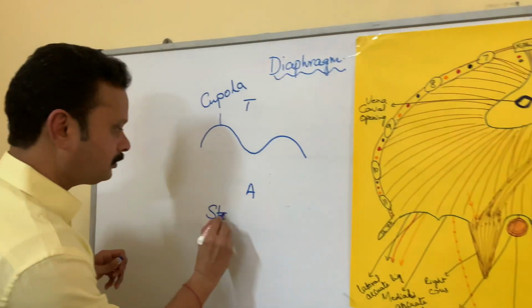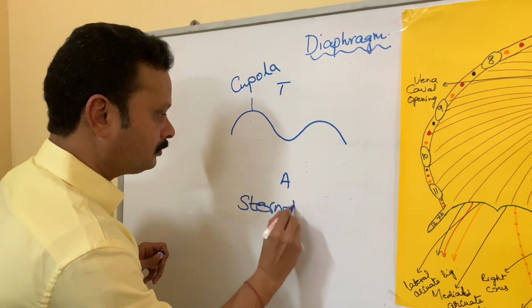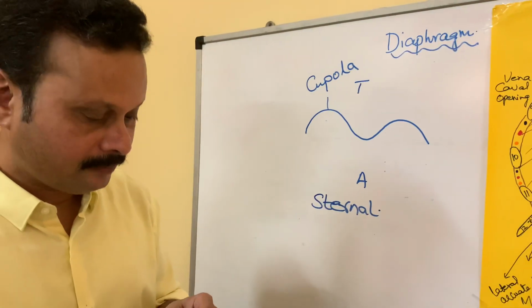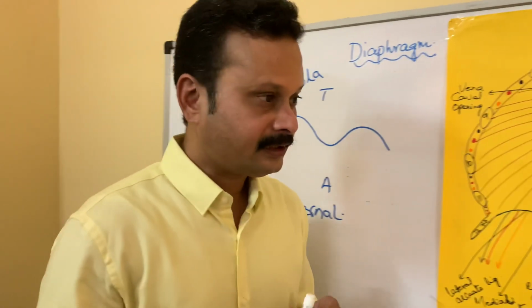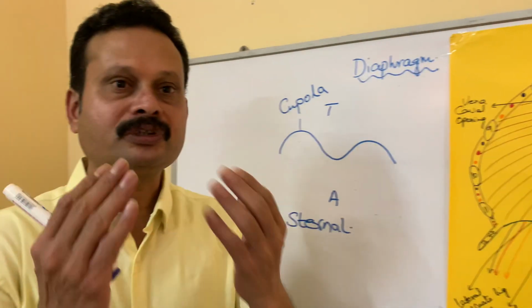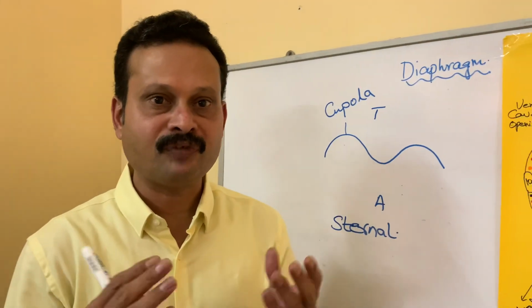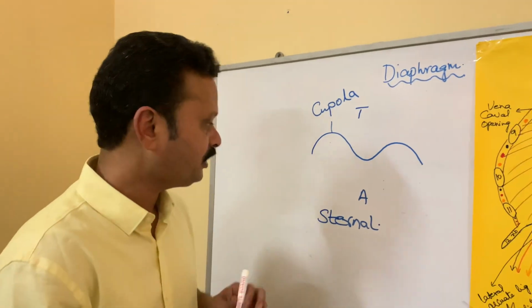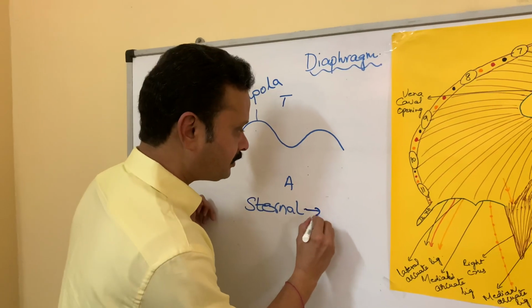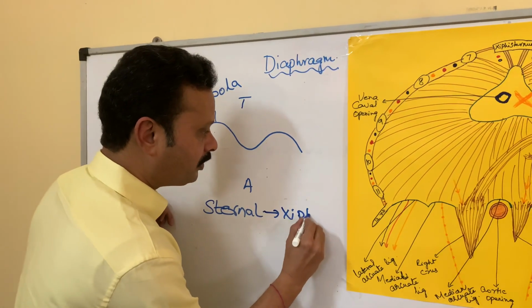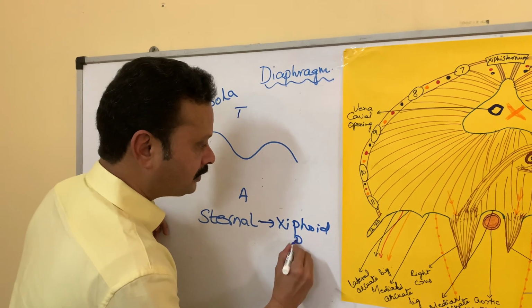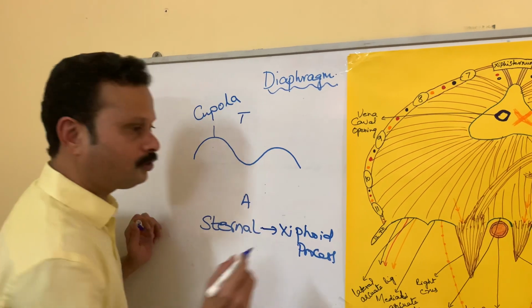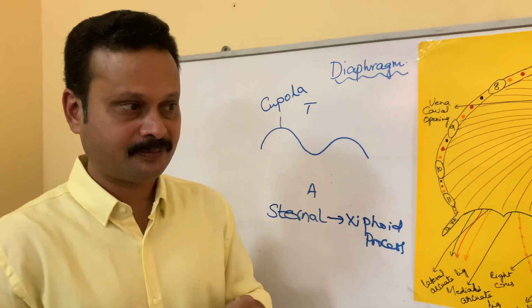Coming to the origin, the sternal origin, number 1, is taking origin from the posterior surface of the xiphoid process as two thin fleshy slips.